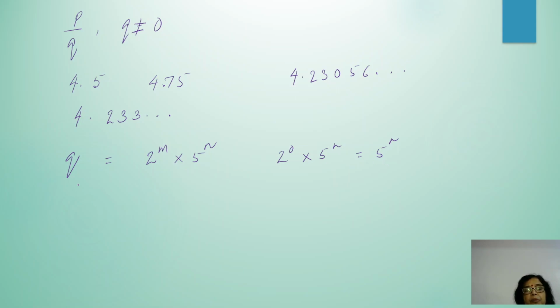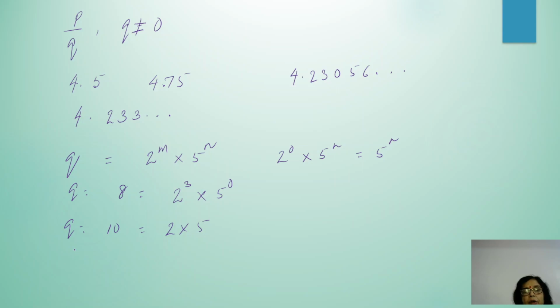For example, if q is 8, it becomes equal to 2 to the power 3. So it's a terminating decimal expansion. Here 5 is raised to the index 0. If I take q as 10, it is 2 into 5, so obviously it is of the form 2 to the power 1 into 5 to the power 1.